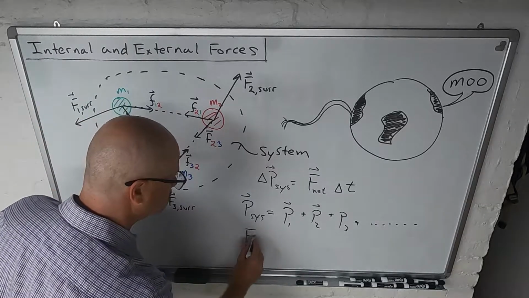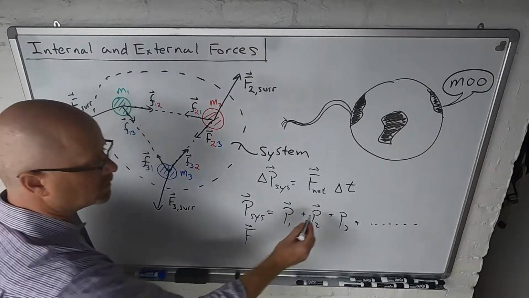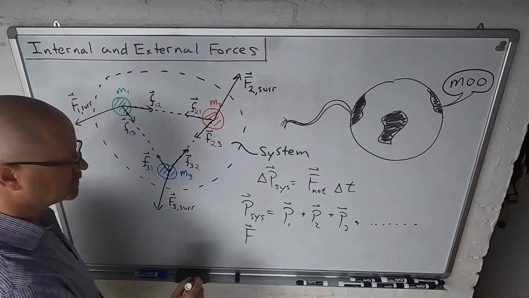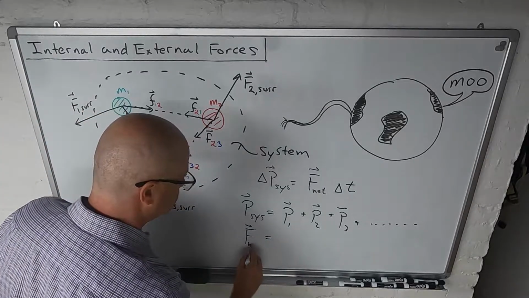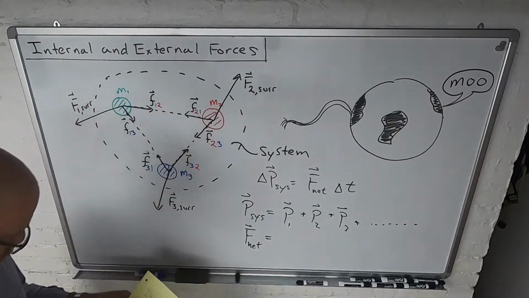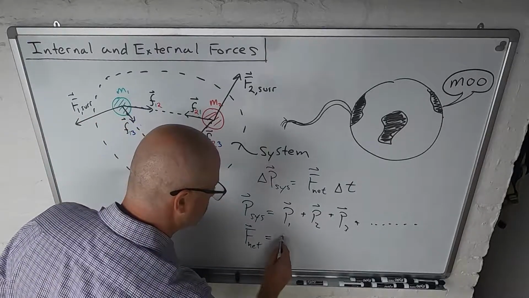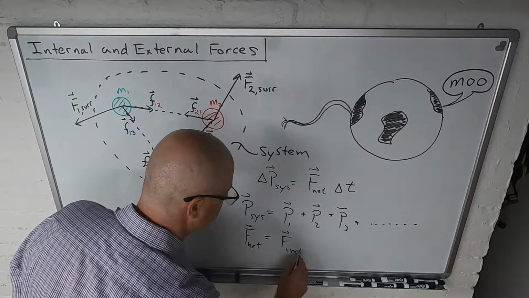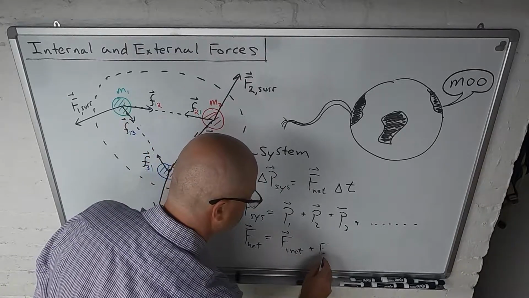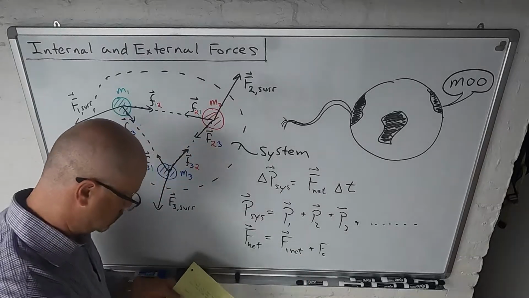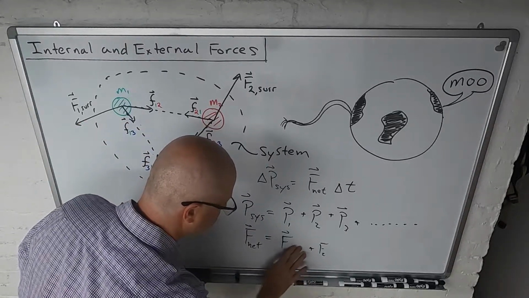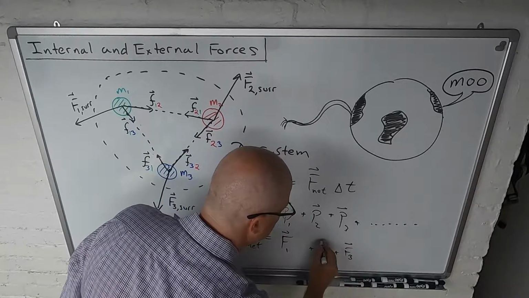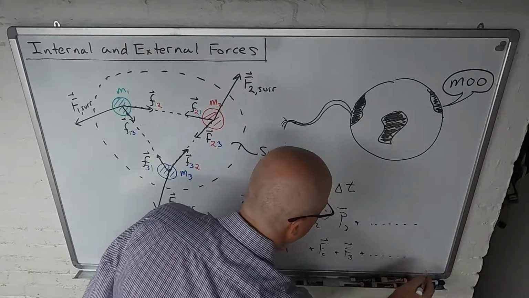And also, and this is the beauty of all things vector, we can just sum the vector forces and the vector momentum. So the net forces, of course, are going to be F1 net plus F2 net plus F3 net plus dot dot dot.